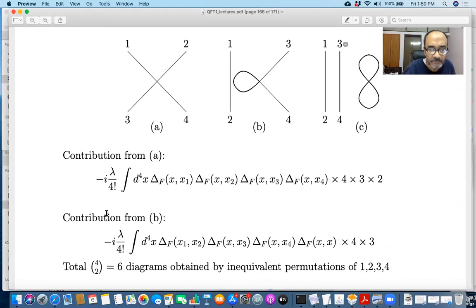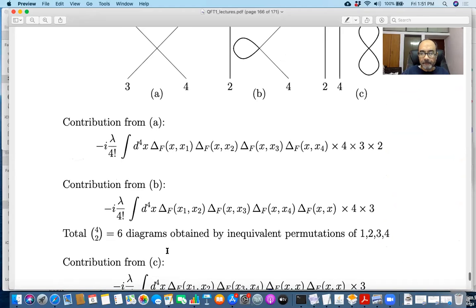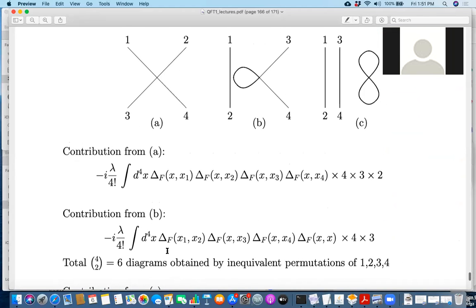Any other question? Sir, for example, in the second diagram, 1 could be connected to 3 also, and 1 could be connected to 4. We are not taking those diagrams into account. Those expressions would be different, but we are not taking them into account. No, we have to.